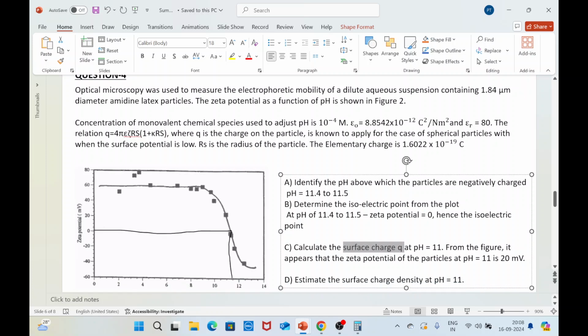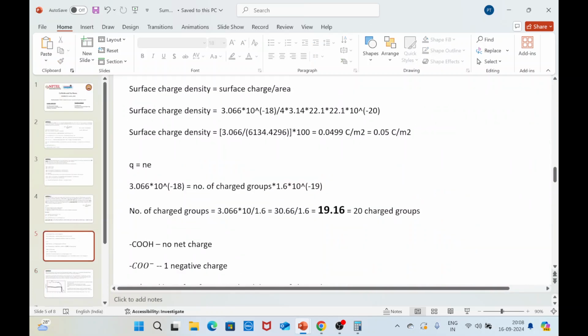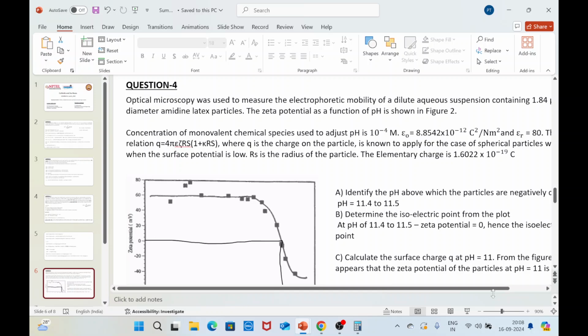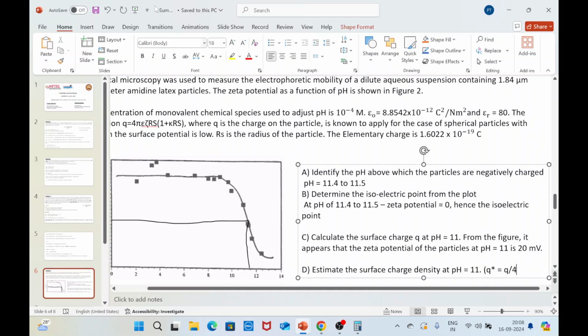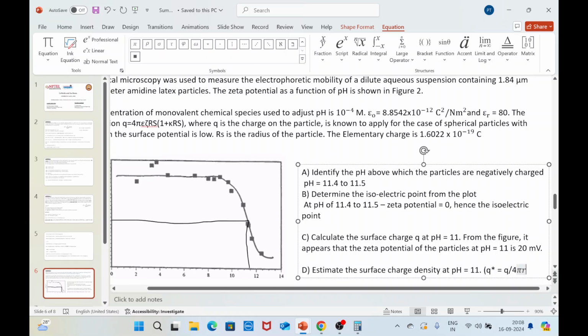So Q star is nothing but Q divided by 4 pi r squared.